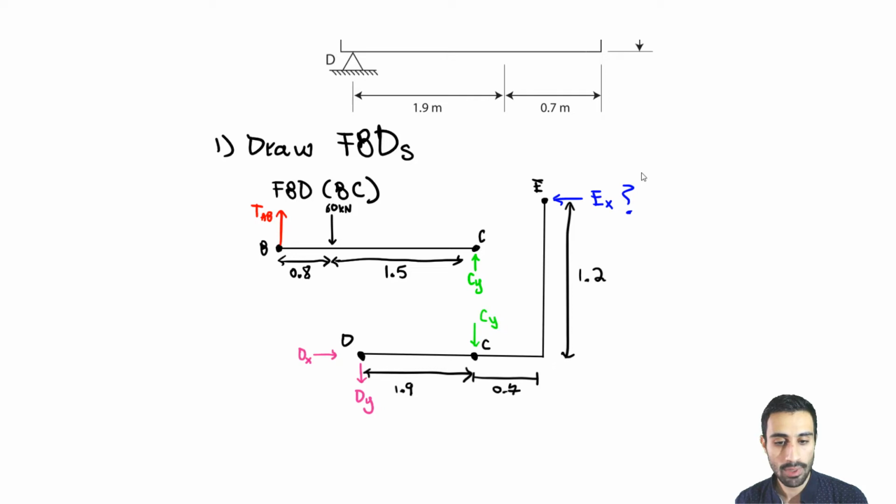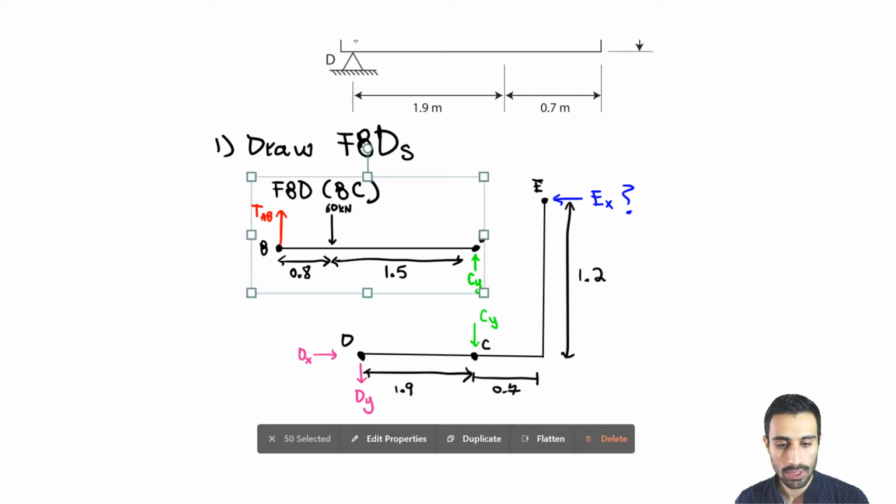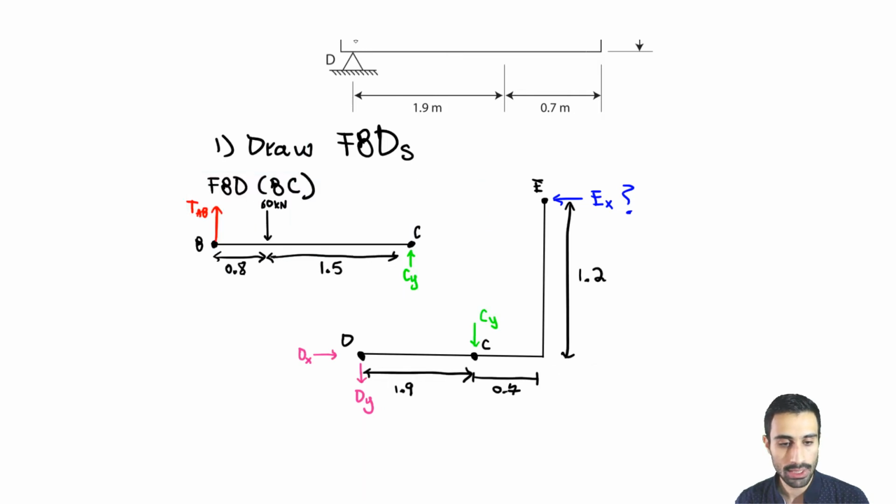So now we have this free body diagram. Let me move this here. And we know that's going to be BC. This free body diagram, let me label it. We will call it, for the L shape, DCE.